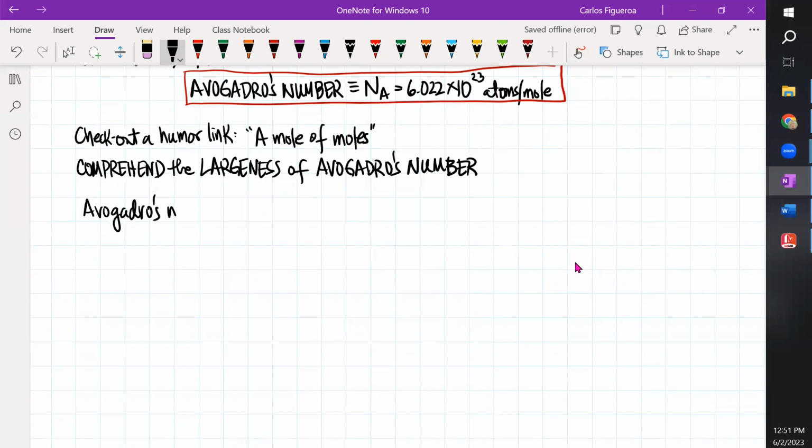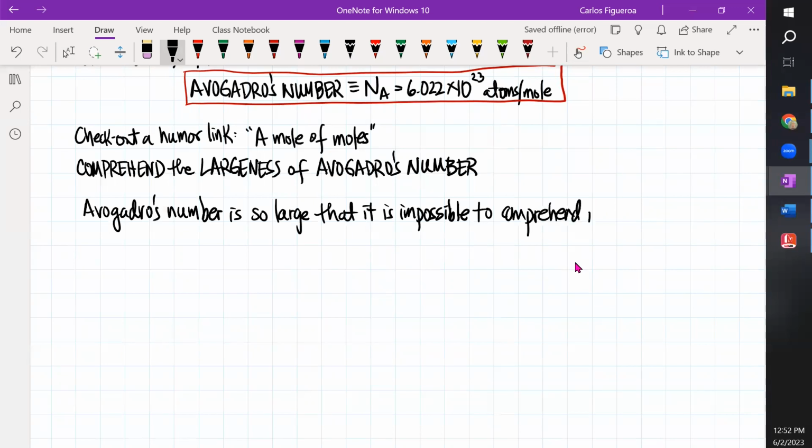Avogadro's number is so large that it is impossible to comprehend its largeness.